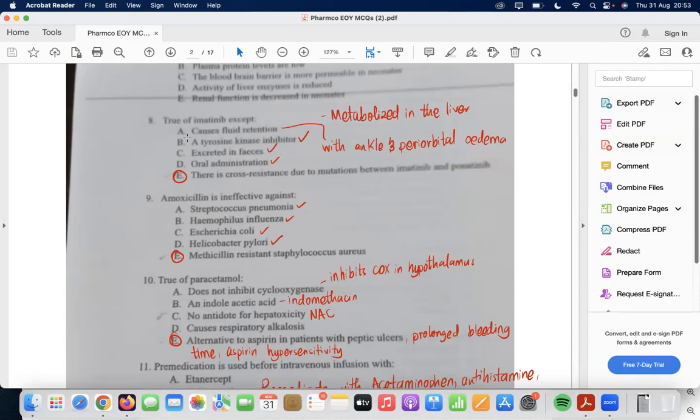From this, you can tell the obvious eliminator. The first thing to eliminate here is choice B, because yes, imatinib is a tyrosine kinase inhibitor. Drugs ending with tinib are tyrosine kinase inhibitors. Yes, it's given orally, and it's also excreted in the feces.